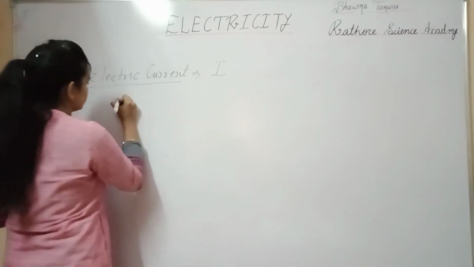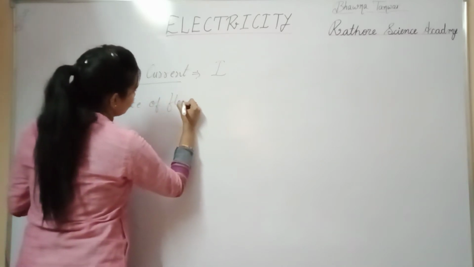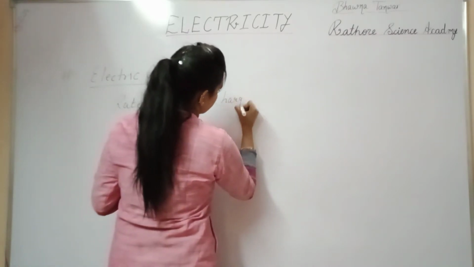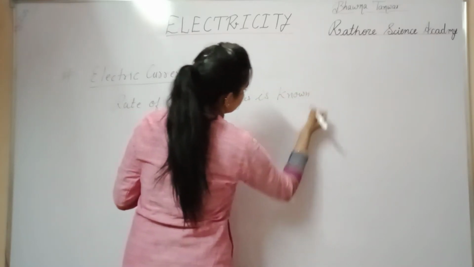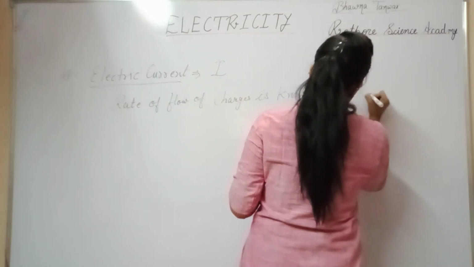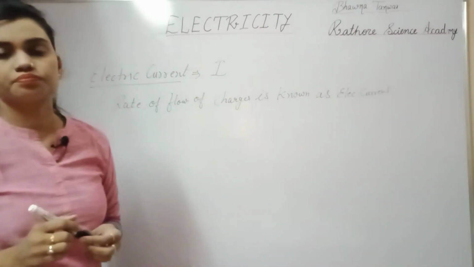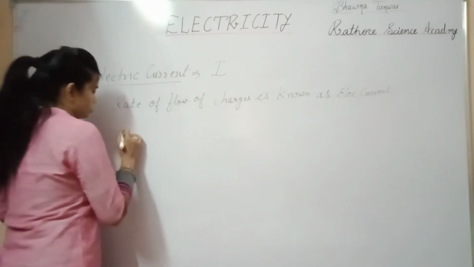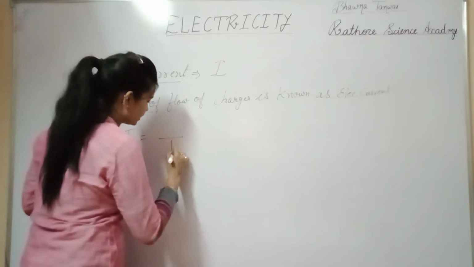What I said: rate of flow of charges is known as electric current. That means I equals the rate, that is, something upon t.